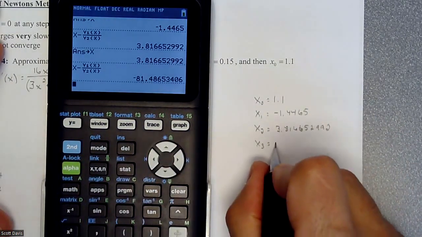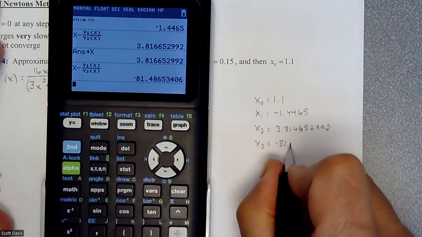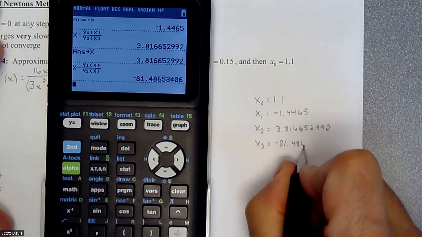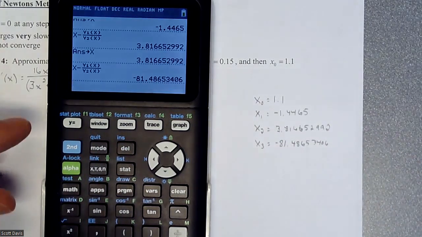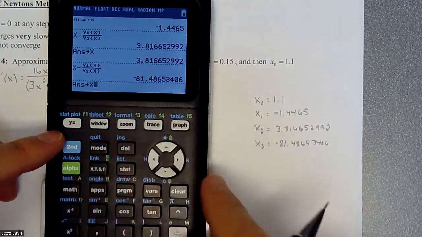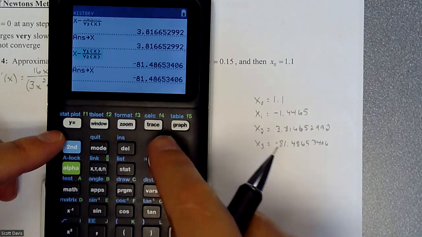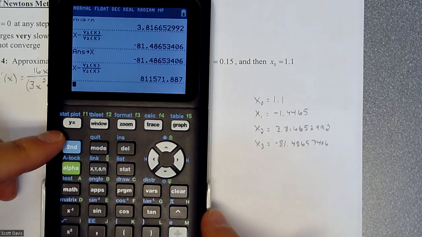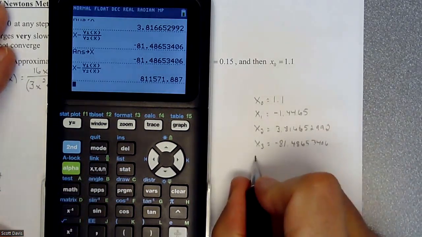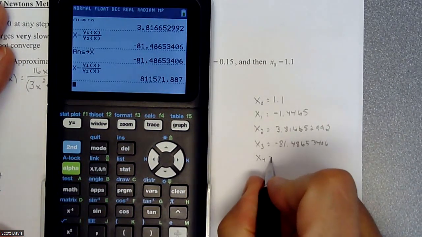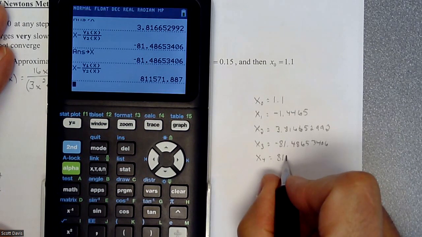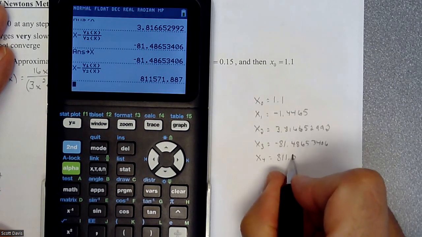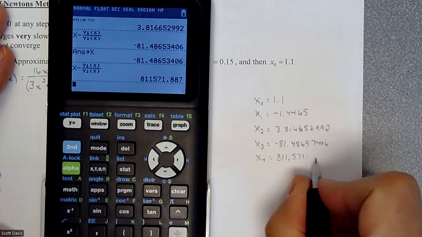This thing, we went to negative 81.4865340.6. Do one more. So we'll store that as x. Let it do its thing. Okay, so that went bad, really bad. So now we're at 811,571.887.